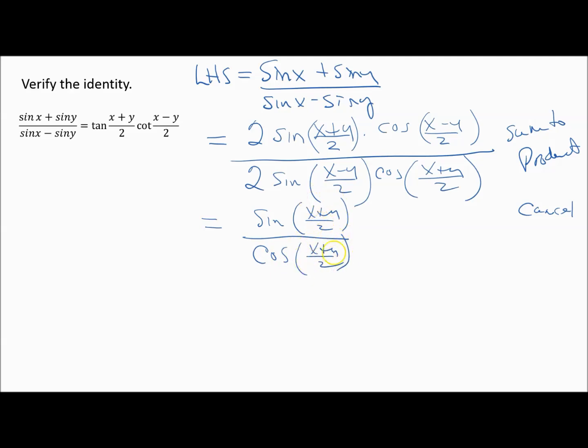When it's exactly the same angle inside, we can do something with it. Here I've got cosine of x minus y over 2 divided by sine of x minus y over 2. Again, the angle inside matches, so these guys pair together well, and these guys pair together well.